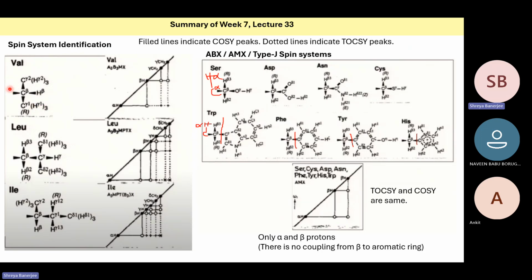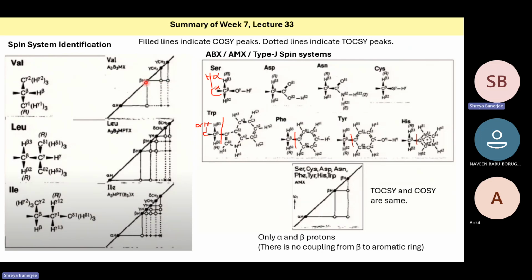Valine basically will have H alpha, H beta, then H gamma 1 and gamma 2 because the 2 methyl groups will become inequivalent. You can see along the diagonal you have alpha, H beta, and then the 2 methyl groups in the valine are not equivalent. So you have gamma 1 and gamma 2.